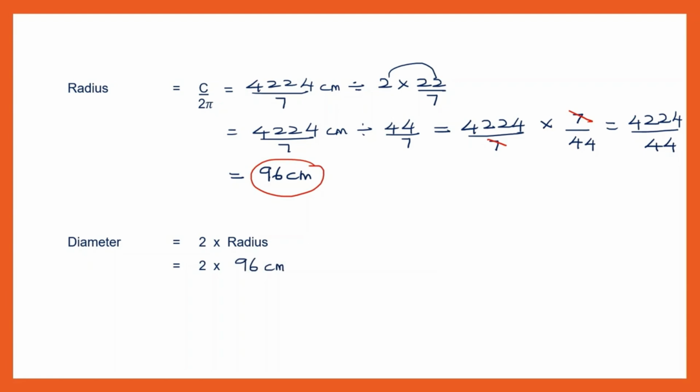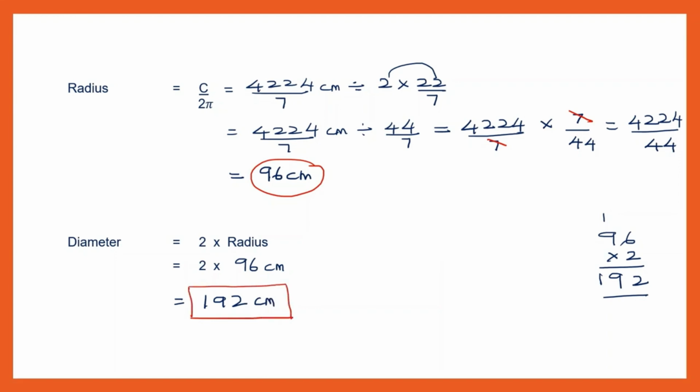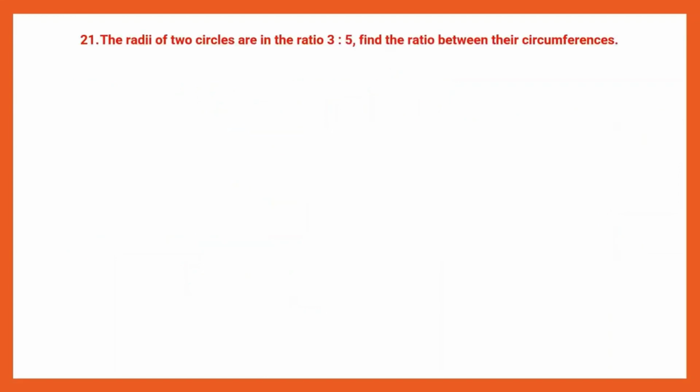Let's multiply 96 into 2 and see what we get. 2 6s are 12, carry 1. 2 9s are 18 plus 1, 19. So we've got the diameter as 192 centimeters. So this is our answer. The diameter is 192 centimeters.